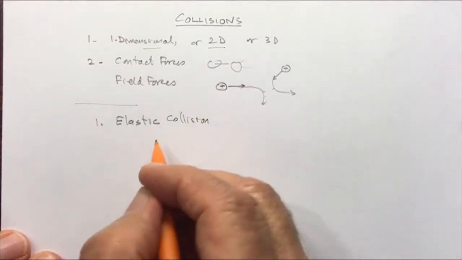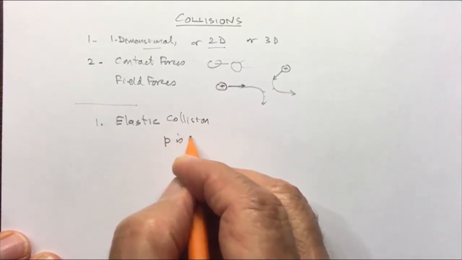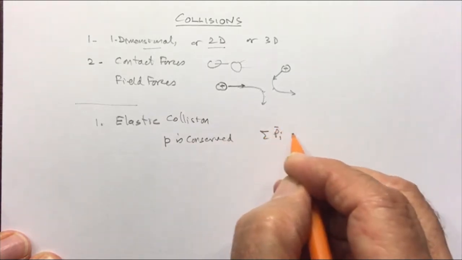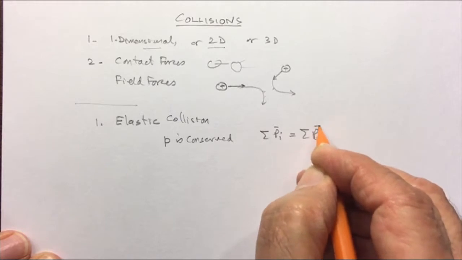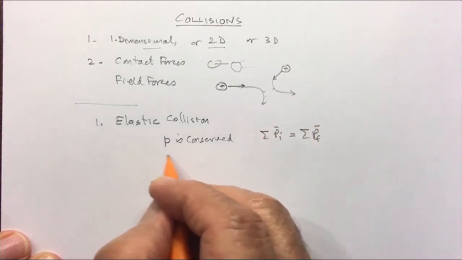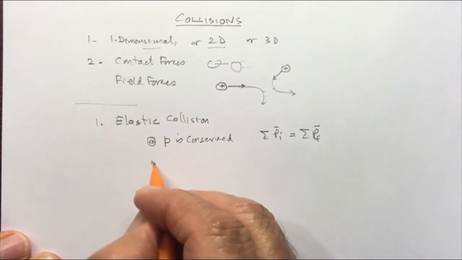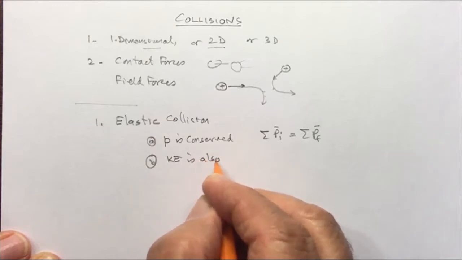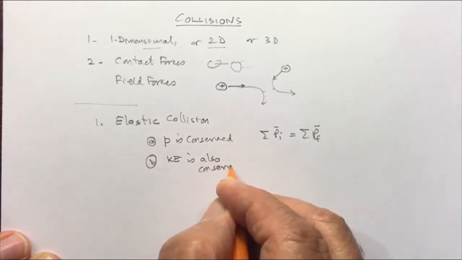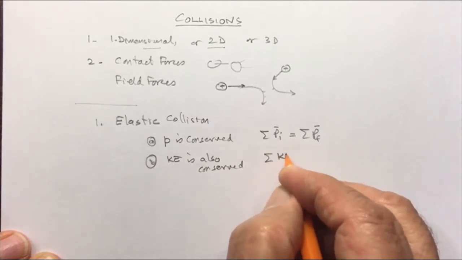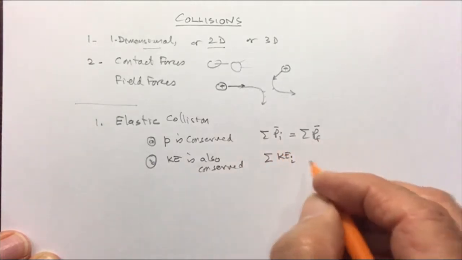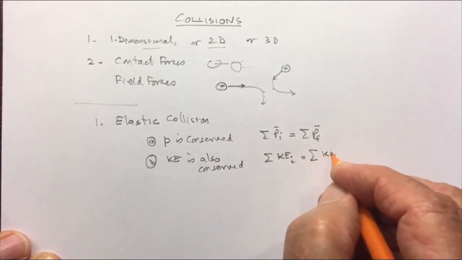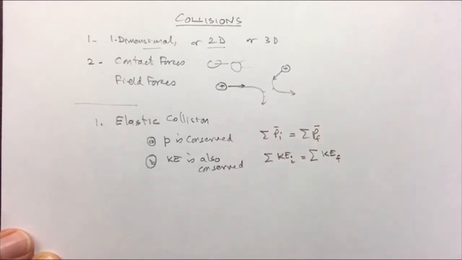In an elastic collision, the momentum is conserved, which means the sum of the initial momenta equals the sum of the final momenta of all the colliding particles, and the kinetic energy is also conserved, which means the sum of the kinetic energy of all the particles before they collide is the sum of their kinetic energies just after they have collided.